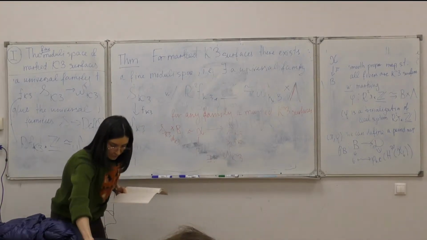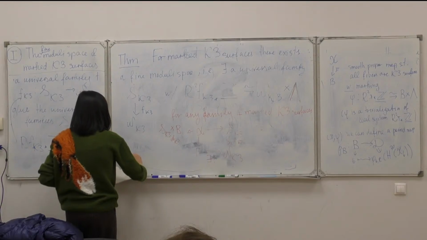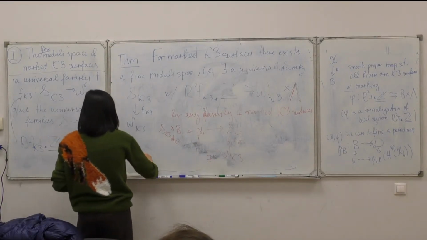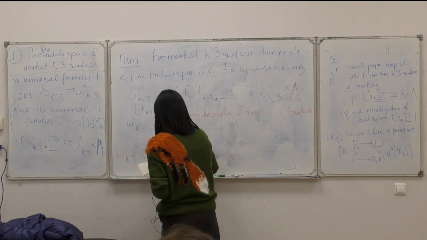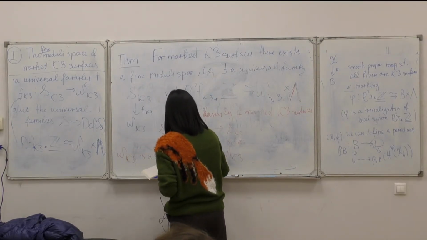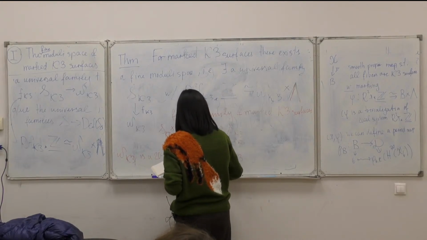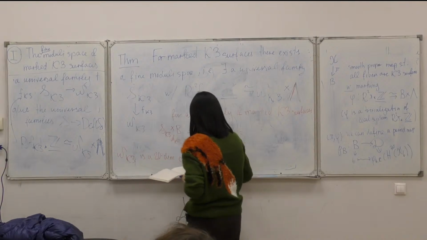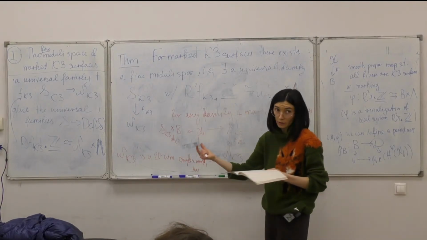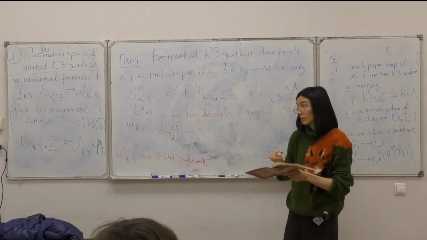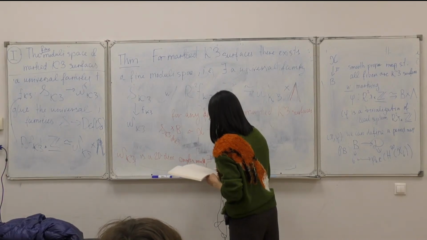But there is a small problem: this fine moduli space is a 20-dimensional complex manifold. But the problem is that it's not Hausdorff. So it's not separated. We cannot separate some points.